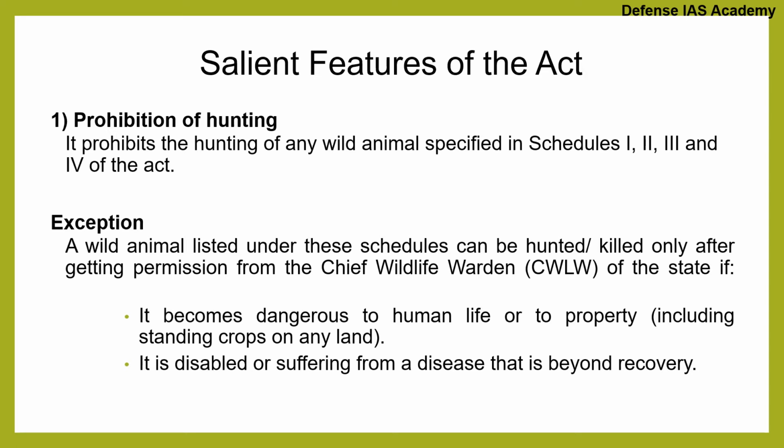Now, what are the exceptions to this prohibition of hunting? A wild animal listed under these schedules can be hunted or killed only after getting permission from the chief wildlife warden of the state, if that particular animal becomes dangerous to human life or to property, including crops on any land, or if it is disabled or suffering from a disease that is beyond recovery.